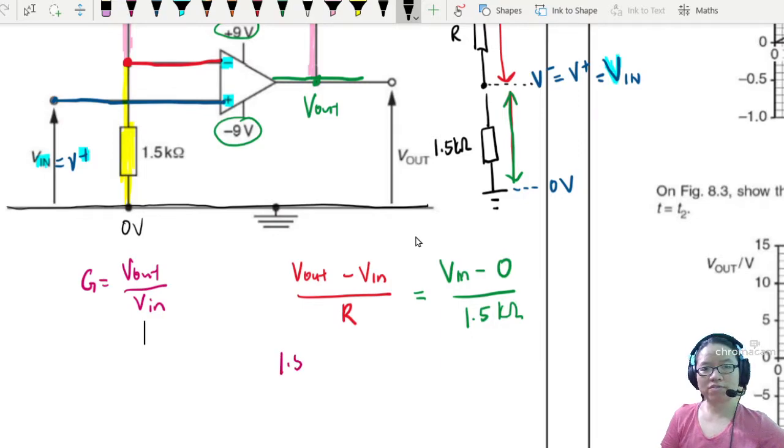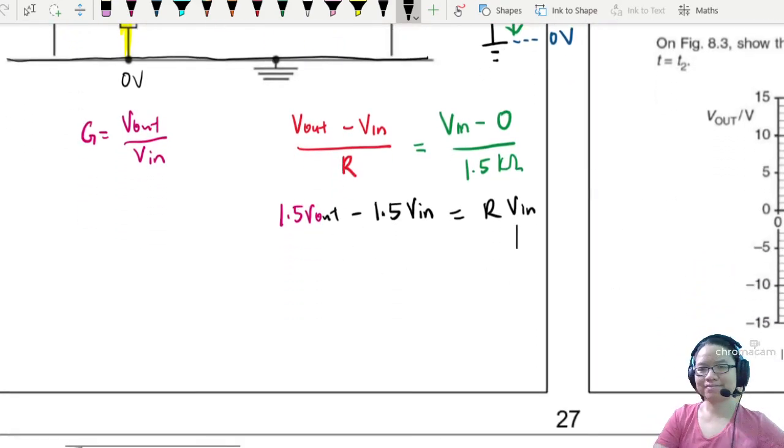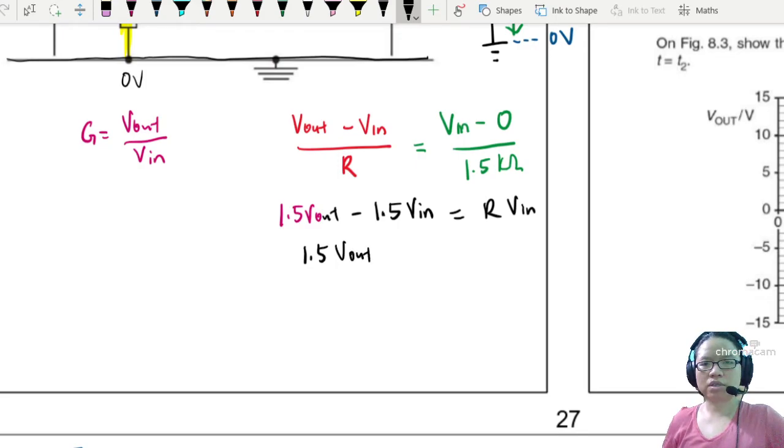You will have 1.5 V out minus 1.5 V in is equal to R times V in. All right, so what do we do? We got to do a gathering. 1.5 V out is equal to R times V in plus 1.5 V in.